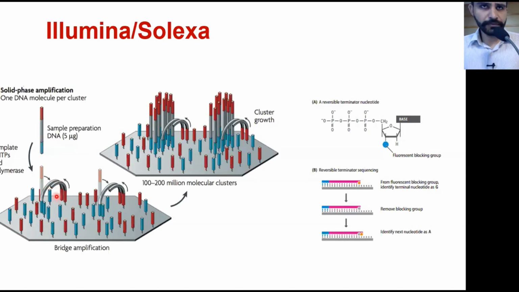This is known as clonal amplification, and clusters of a single sequence, a single fragment, are produced. After they become a cluster, they are sequenced using fluorescently labeled nucleotides. Similar to Sanger sequencing, all 4 nucleotides are labeled differently, and when they get incorporated, they emit a different color of light, and we can detect that light and come to know what the sequence was at that position.